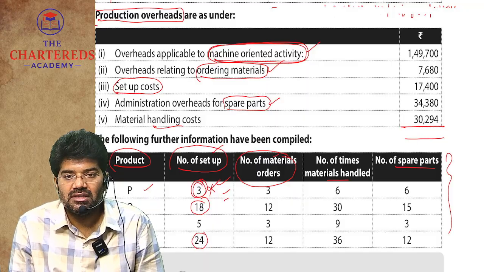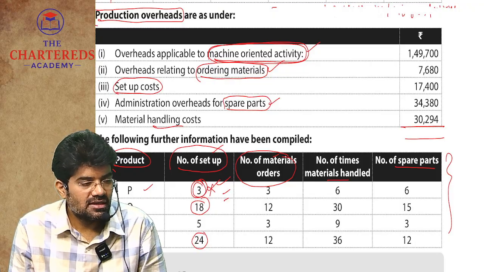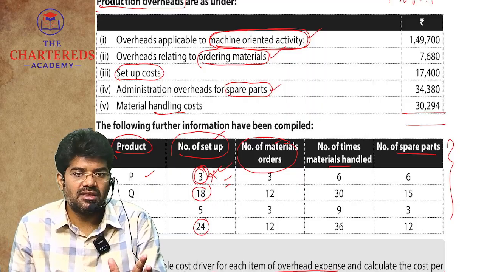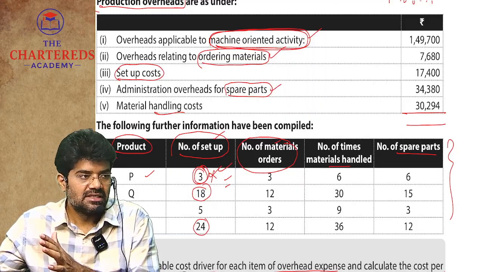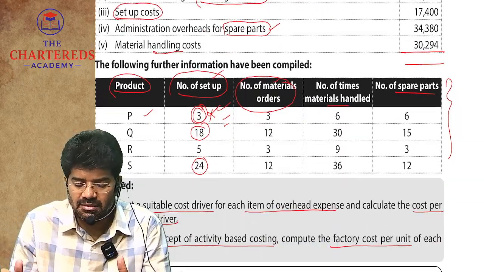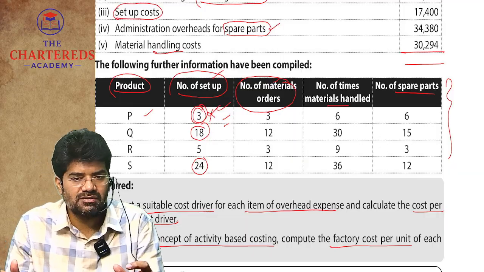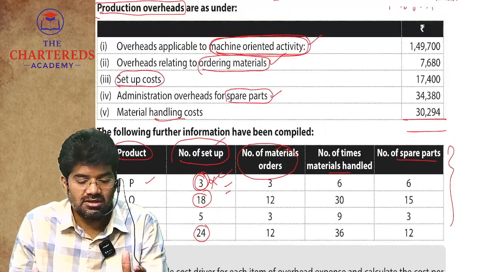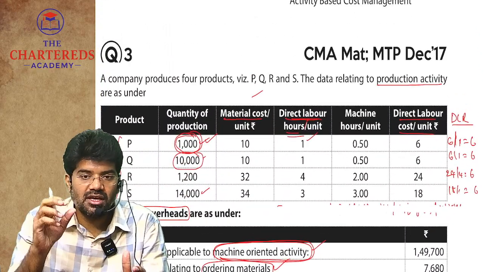Then you will get per unit. Got it? So there are two options available: either you calculate total first or per unit. In the examination, you have to decide depending on how many marks the question has been given. Understood?